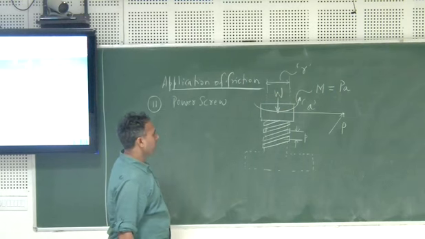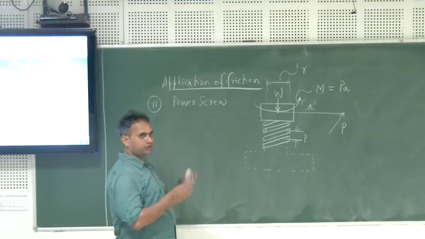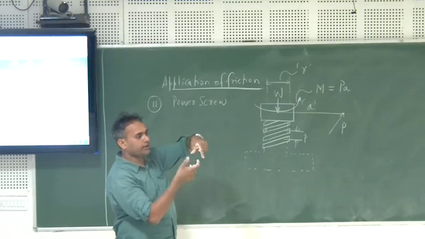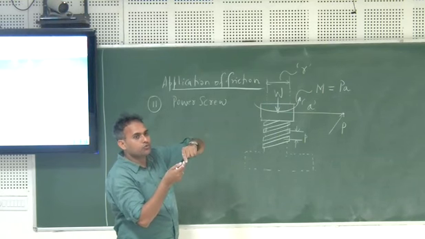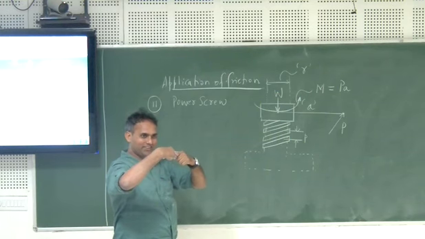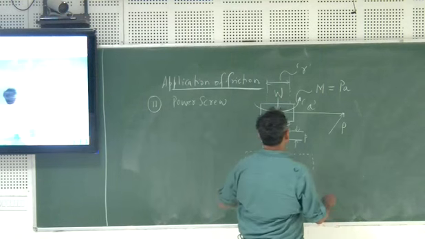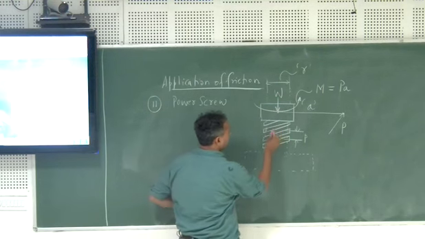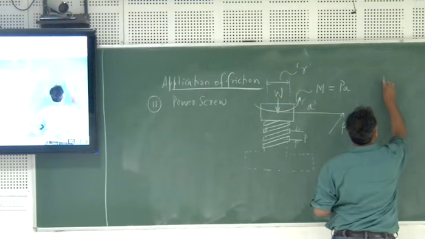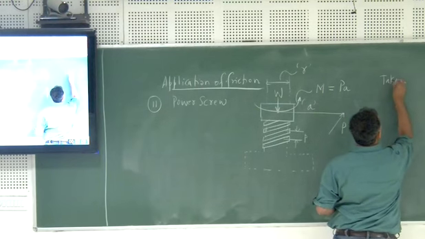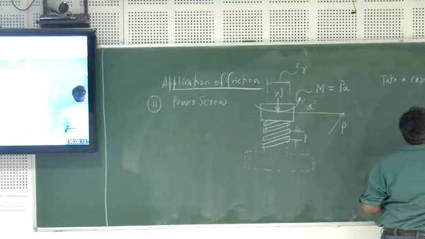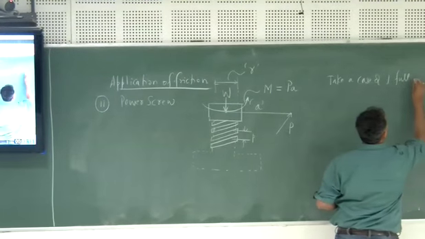To solve this kind of problem, we have to consider the friction, because when you raise the load and you are rotating it, it has to overcome the friction between your object and the screw thread. So let's take a case of one full rotation.